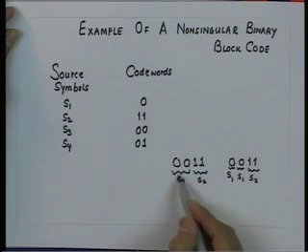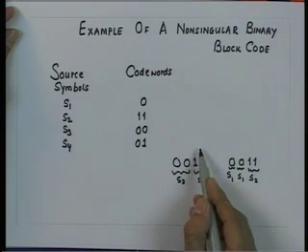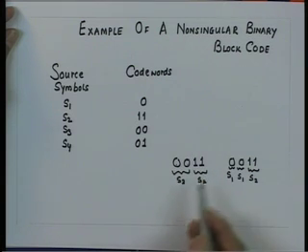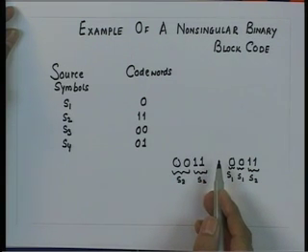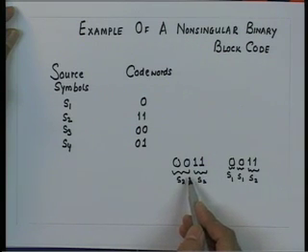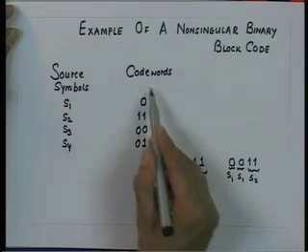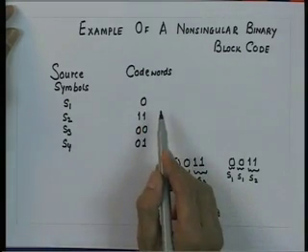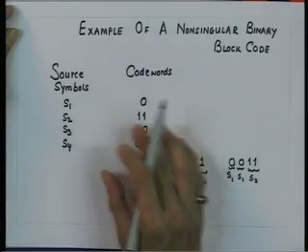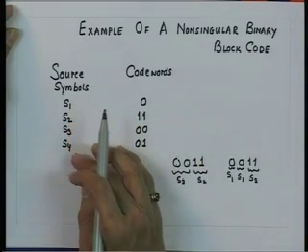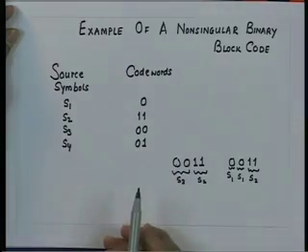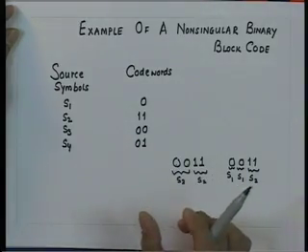So on the receipt of the code symbols 0 0 1 1, there is an ambiguity about the transmission of the source symbols. So though this code was non-singular in the sense when I considered the source symbols as individual entities, when I consider the transmission of source symbols in a block, then there is an ambiguity in the decoding.